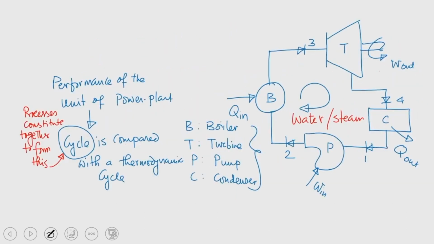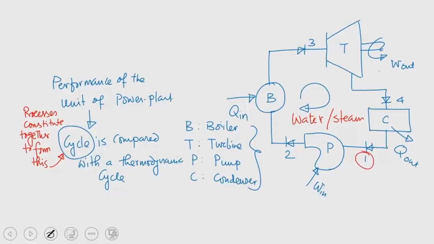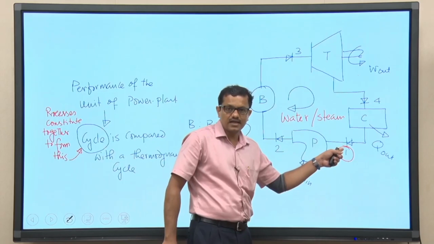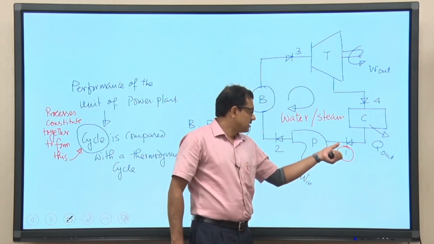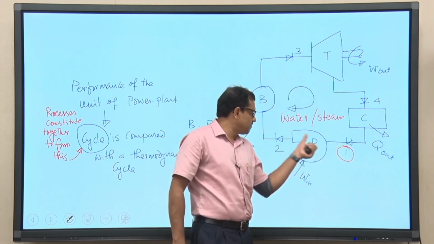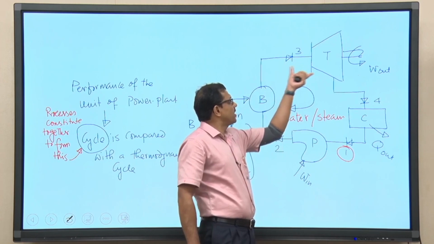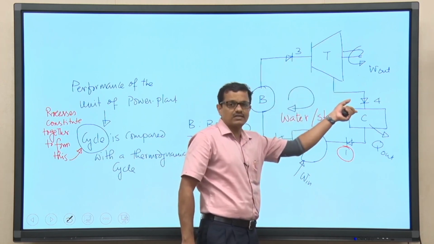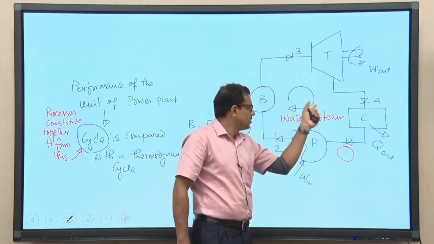So, here try to understand, if we start from section 1, what is the state of the working substance? Saturated liquid, right. This saturated liquid is pumped to the boiler, and from the boiler to the turbine till condenser the working substance state is vapor, steam.